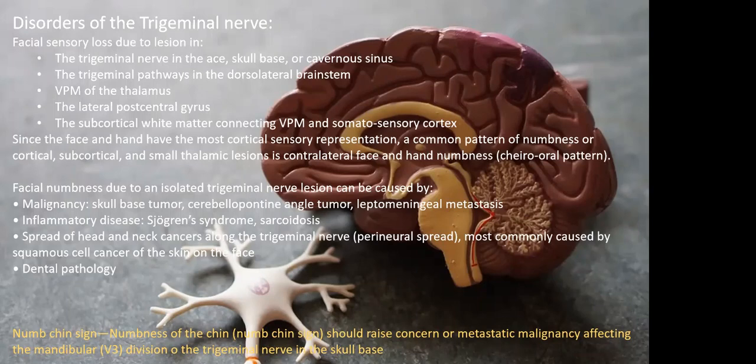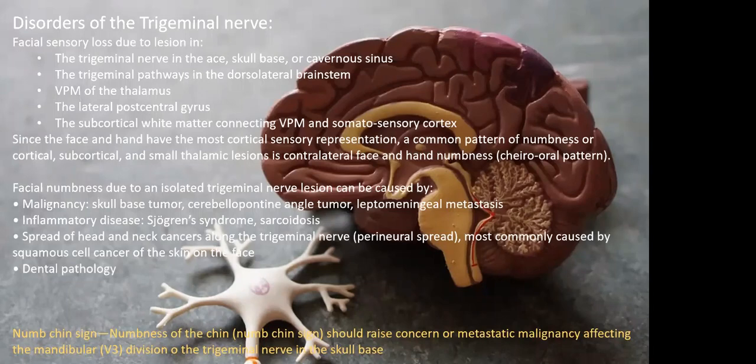And in the cortex, we have the map which shows that face and hand are most lateral and most medial are leg. So any lesion above the point of decussation will cause contralateral numbness, especially in the face and hand.